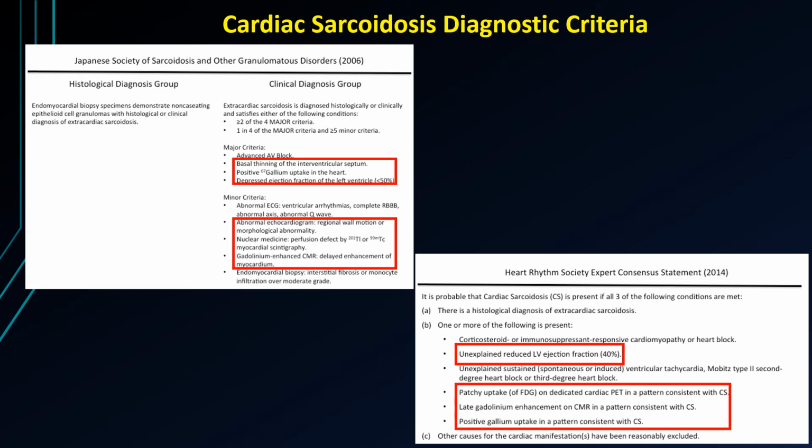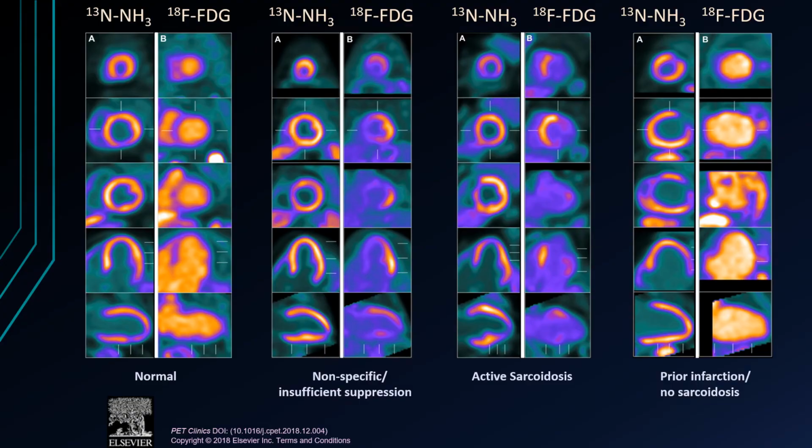In the Heart Rhythm Society expert consensus statement, again, there are a lot of characteristics using MR, but also certain patterns, as well as positive gallium uptake, all of which can be used towards explaining sarcoidosis. So here are four cases where you might see cardiac sarcoidosis. For example, four scenarios, these are the patterns you'd come up with when you're looking for sarcoidosis.